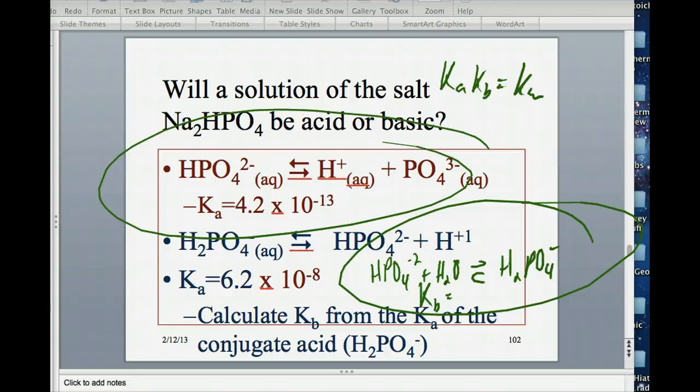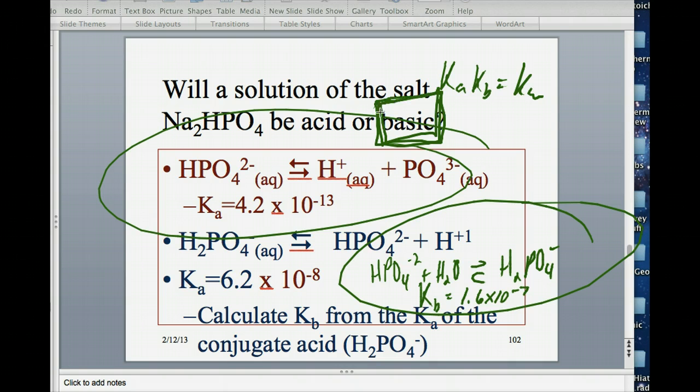So it's going to be 1e negative 14 divided by 6.2e negative 8. I just did that, and I received an answer of 1.6 times 10 to the negative 7. So what does that tell us? Basically, we're saying it's basic.